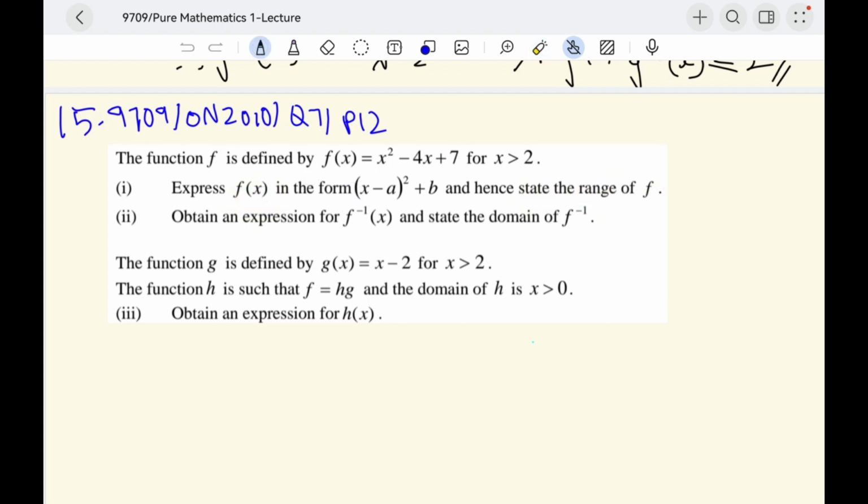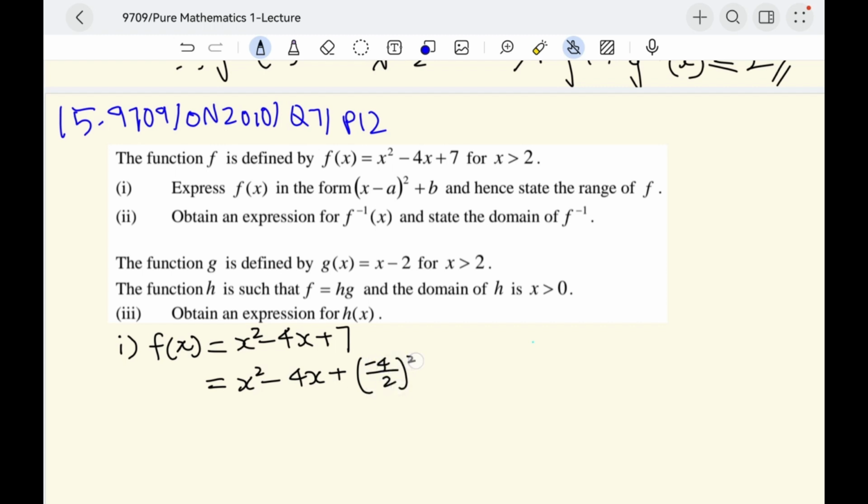So this function f is a quadratic function. You need to express this general form into the vertex form. So just carry out completing the square by adding the square of b over 2, plus and minus. Since the coefficient of x squared is 1, it makes it easier to carry out this process.